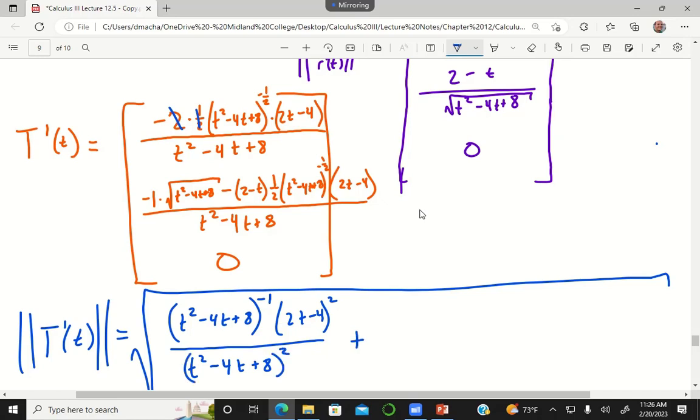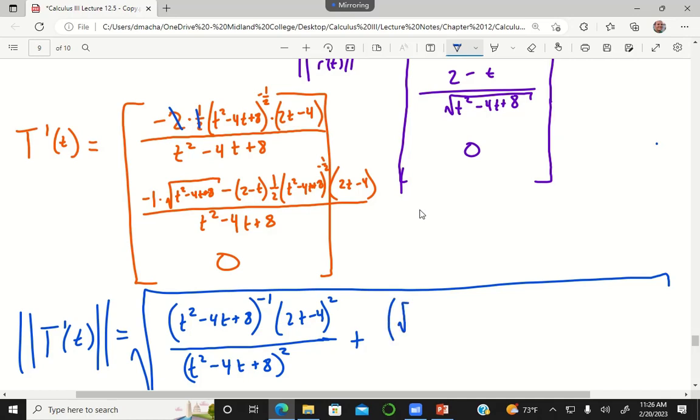Okay, plus, now I have to square the second component. In the second component, I notice again the numerator is all negative terms, and so I can forget that and just call it positive because I'm about to square it, and so a negative squared makes a positive.